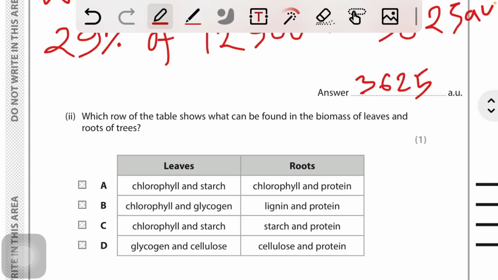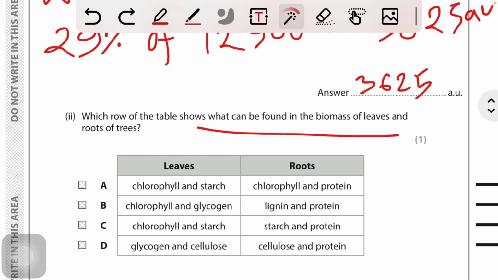Which row of the table shows what can be found in the biomass of leaves and roots of the tree? So, what can be found in the biomass, like in the mass of leaves and roots of the tree? So, in the leaves, we can find chlorophyll and starch. Yeah, this is right.